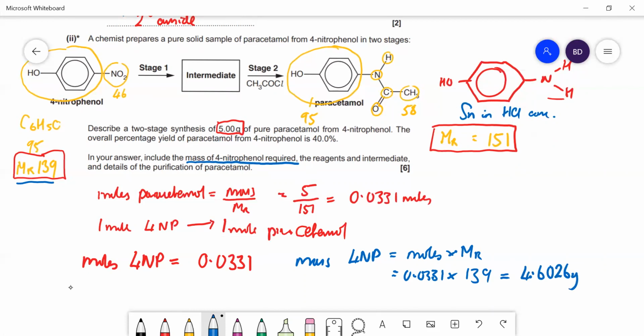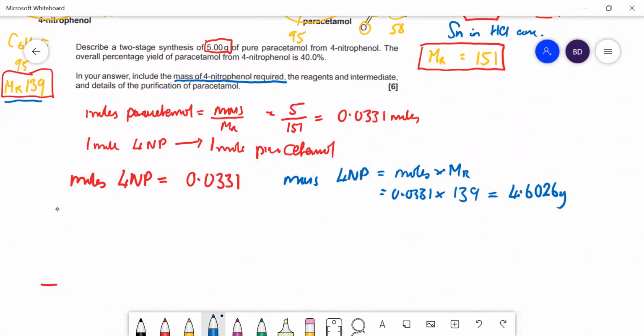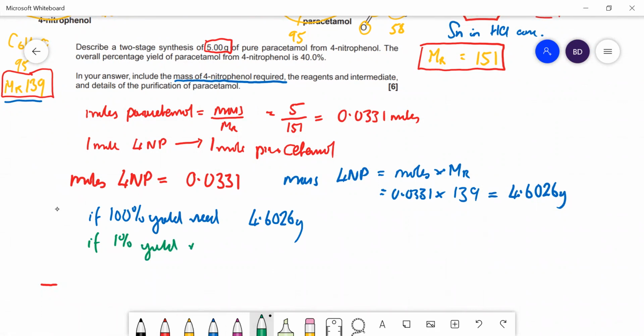Now that is if you get a 100% yield, but we don't. We only get a 40% yield, okay? So for 100% yield, we need 4.6026 grams. So let's say if we get a 1% yield, we would need 100 times that. So we would need 460.26 grams.